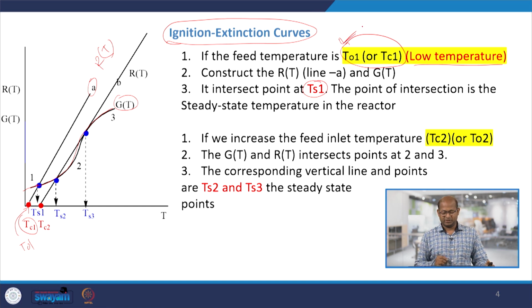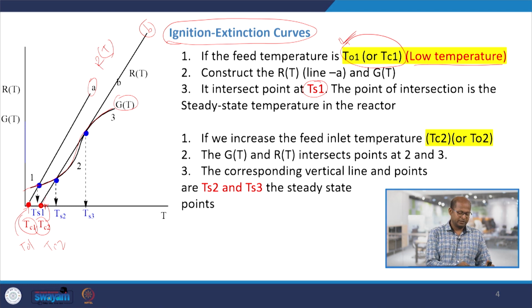Similarly, if we pass the reactants at temperature T02 or TC2, that is the red dot. On the x axis, the left hand side is low temperature, and if we move to the right hand side, the temperature gradually gets higher.